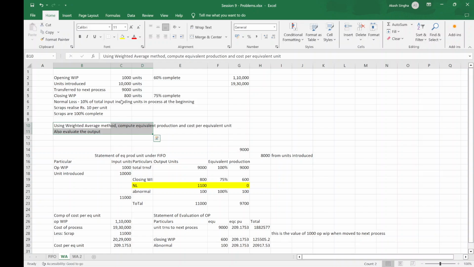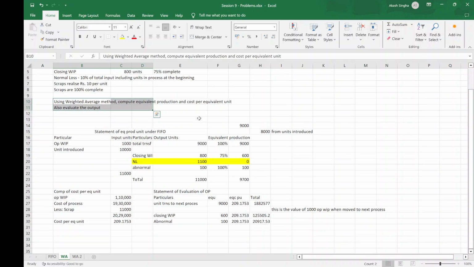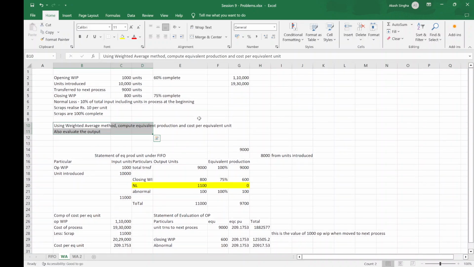So we have to do a weighted average kind of a thing. So this will be same.